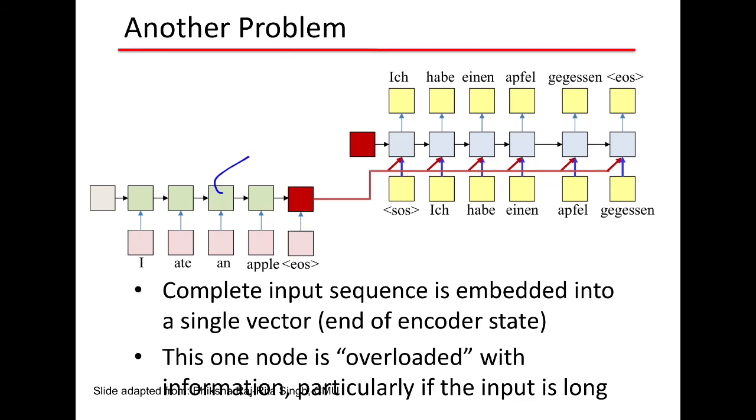So this is the final context. Let's say this is h of tx, where x is the input and tx is the length of the input. So here you can also do h of tx minus 2.